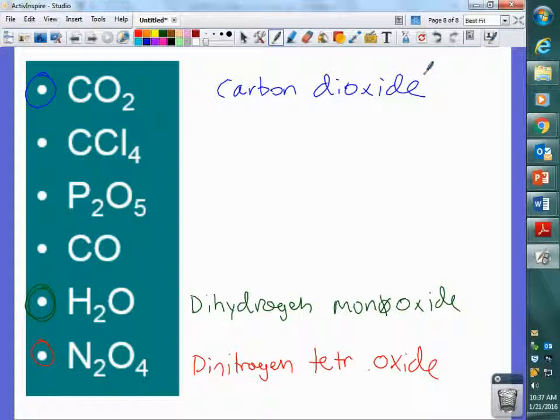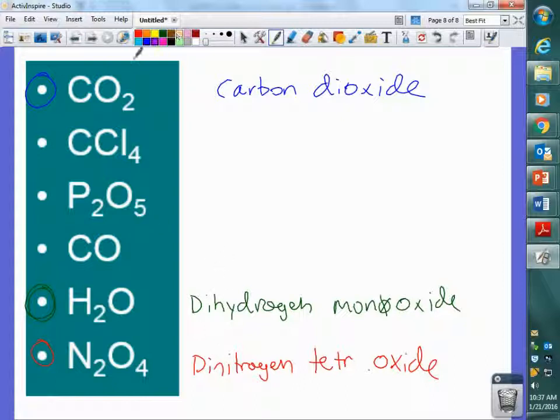Yeah, so there's situations like that. However, something maybe a little more important, right, is what? Where's the mono? Right? If the first element in the compound only has 1, we don't use the mono. Okay? So you use the mono if the second element has 1, but not if the first one has 1.